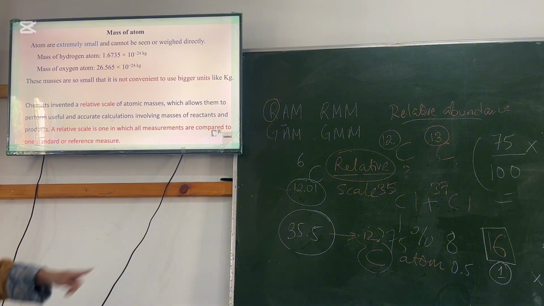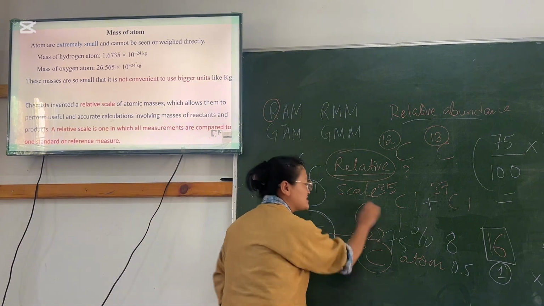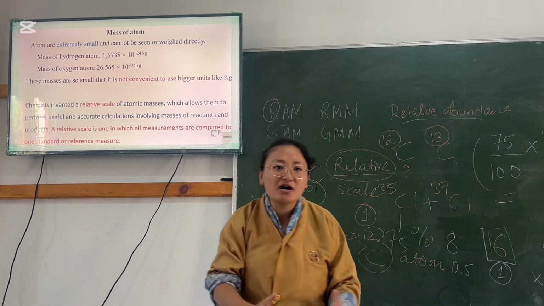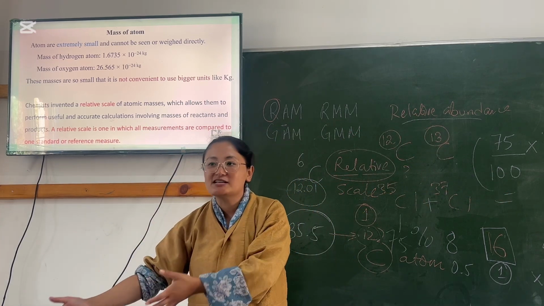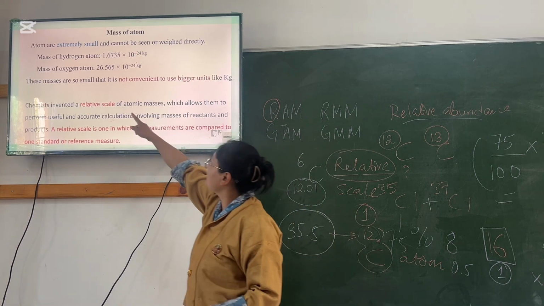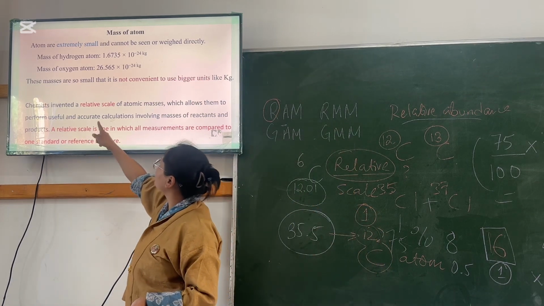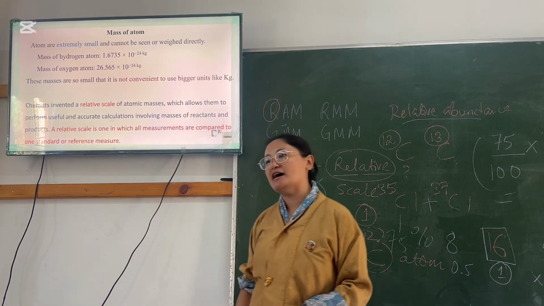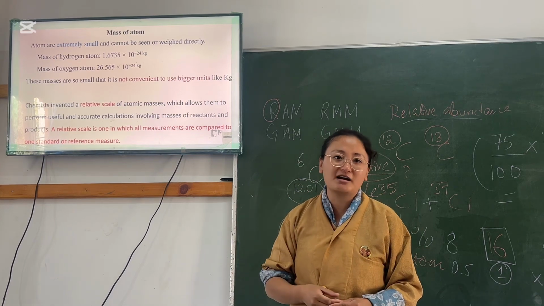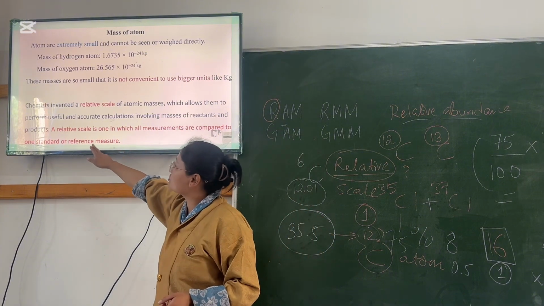Let us keep the carbon 12 isotope as the reference, as 1. Then for other elements, we ask how many times each is heavier or lighter than the carbon reference. That is the meaning of relative scale. It allows them to perform useful and accurate calculations on reactants and products, and these are compared to a standard or reference measure.